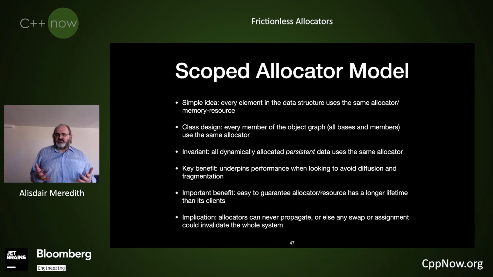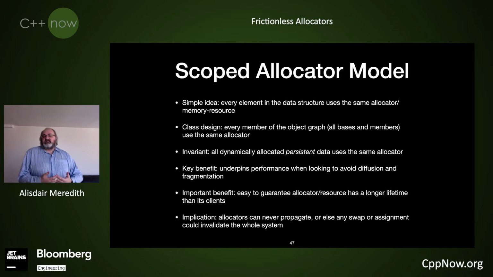Everything in that whole data structure uses the same allocator, and that also makes it relatively safe when I'm trying to use move semantics. As long as everything uses the same allocator, I can just transfer the pointers around, and I know the whole object graph is going to be good. So for class design, every member of the object graph, i.e. all bases and member classes, when you construct them in the constructor member initializer list, all have to use the same allocator.